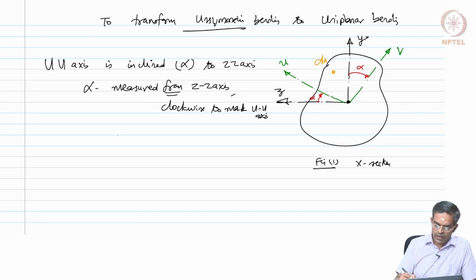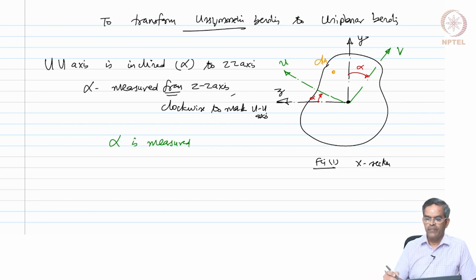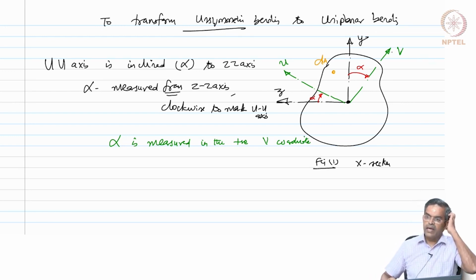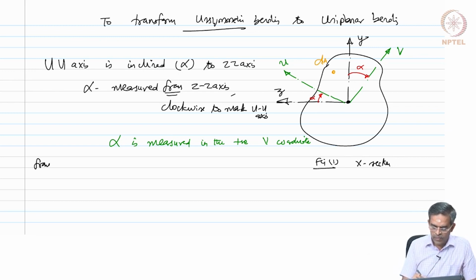So, to be very specific, alpha is measured in the positive v coordinate. So, we have positive v, we measure from that. Okay. So, from this figure I can write a basic relationship which is very easy. Write down that.